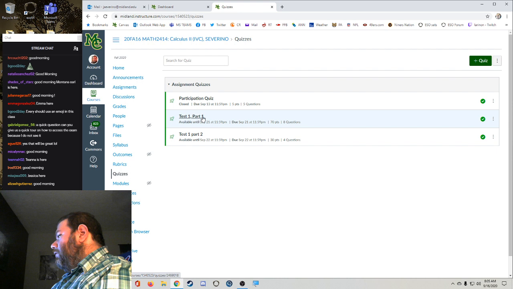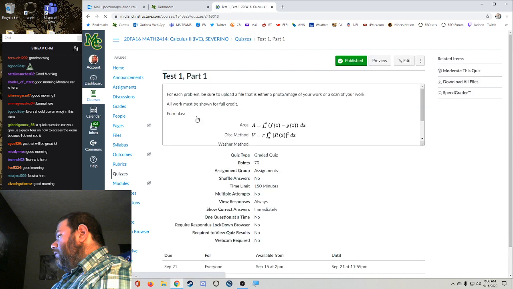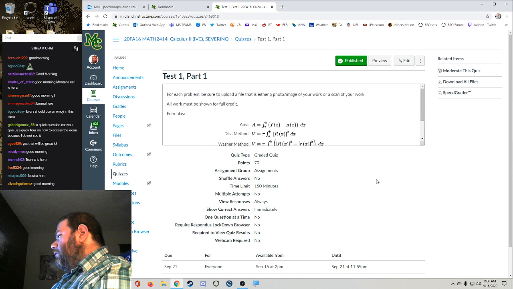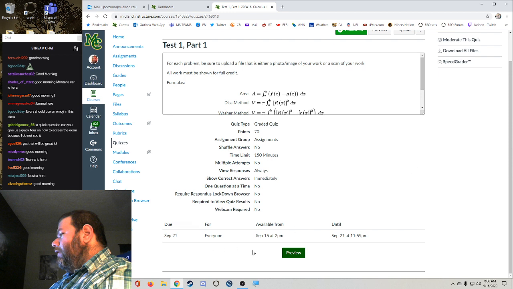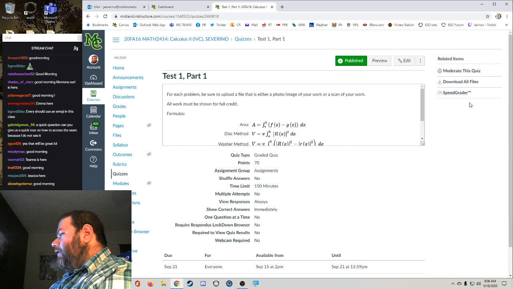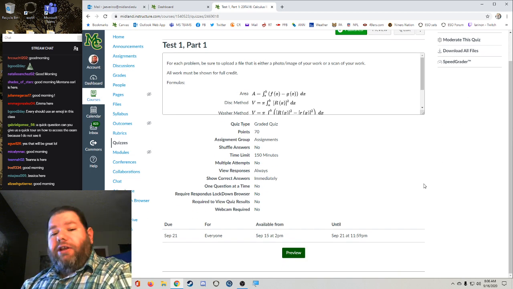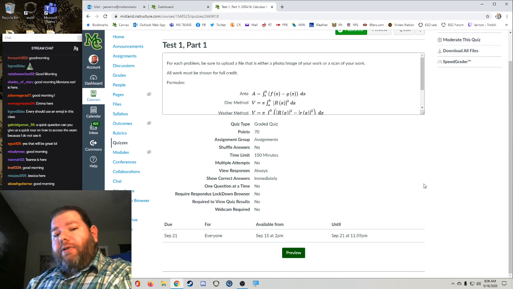In this case, for my calculus class, it has 2 parts, but you'll click on that, and you'll see here I included the formulas in the instructions. Once you get in there, you'll be able to take the quiz. And again, it will be a timed quiz.